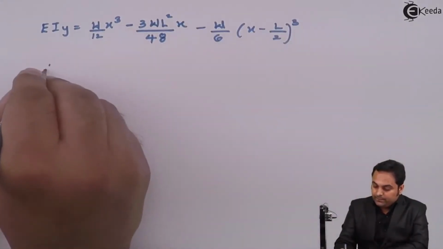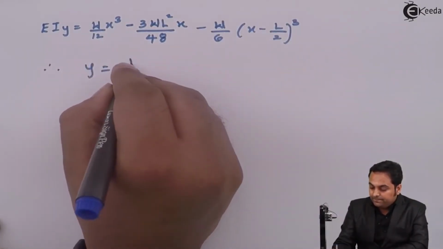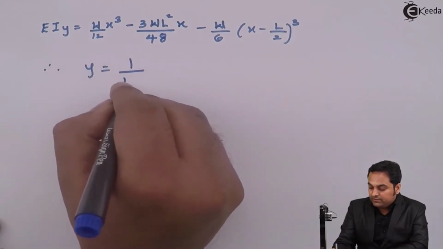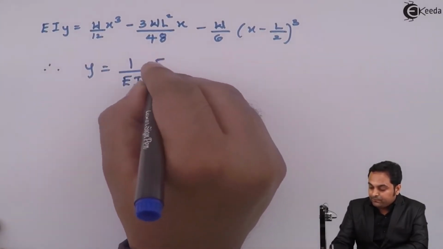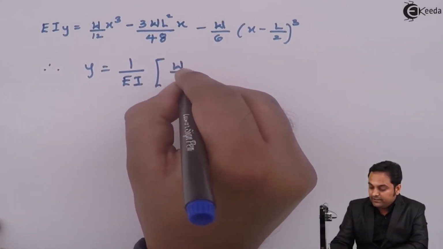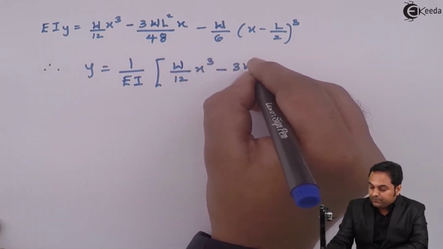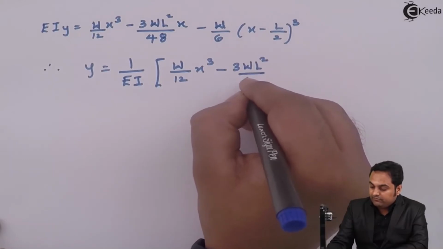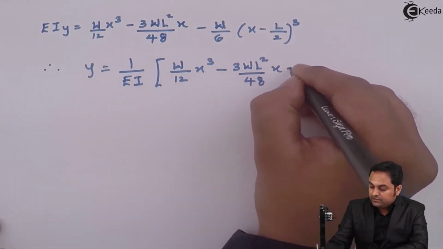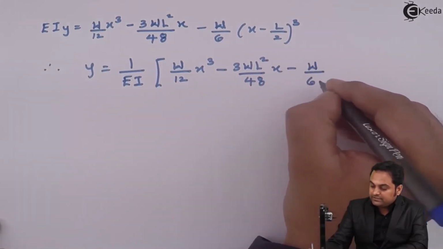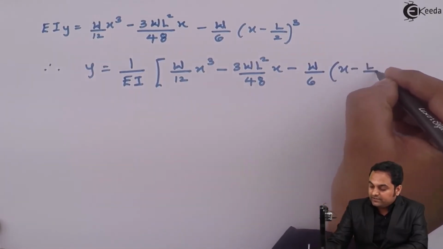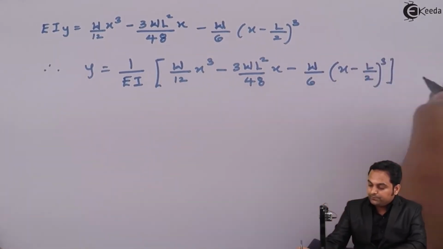So therefore I'll keep y on one side. Here this will become 1 upon EI into the bracket W by 12 x cube minus 3 WL square by 48 into x minus W by 6 x minus L by 2 whole cube.